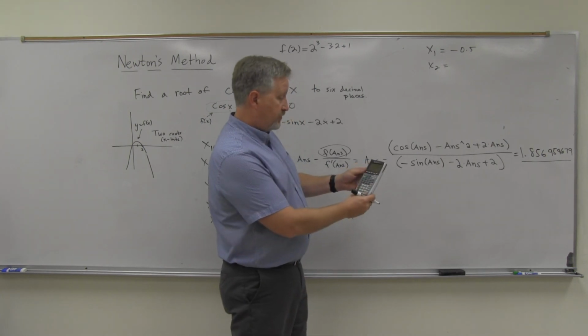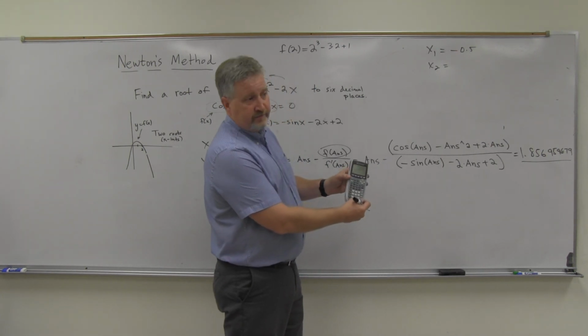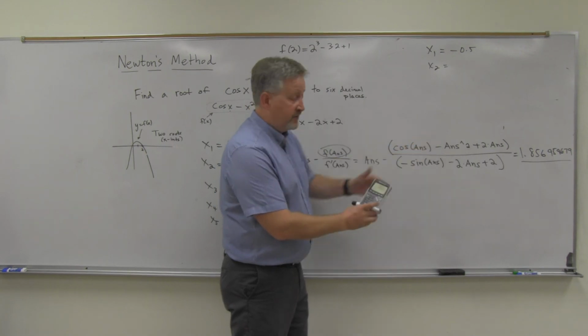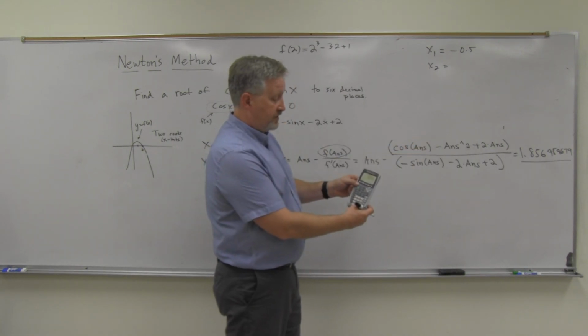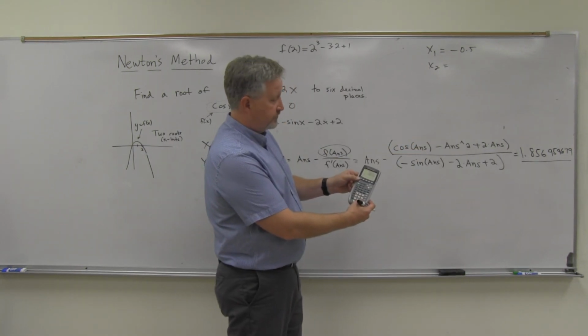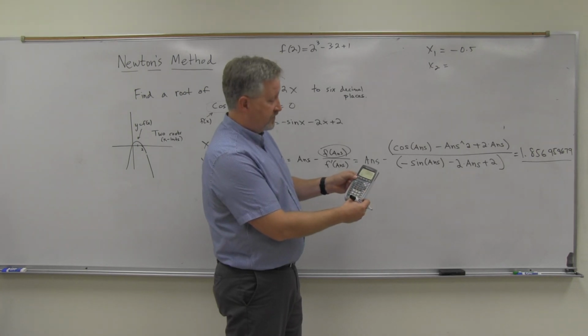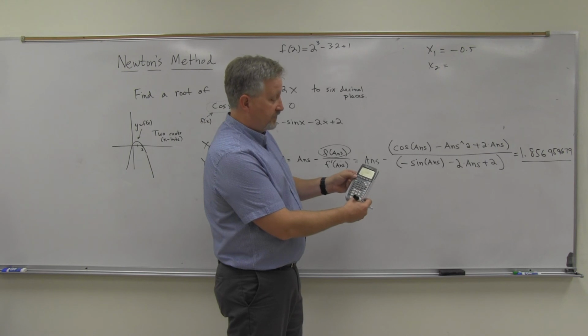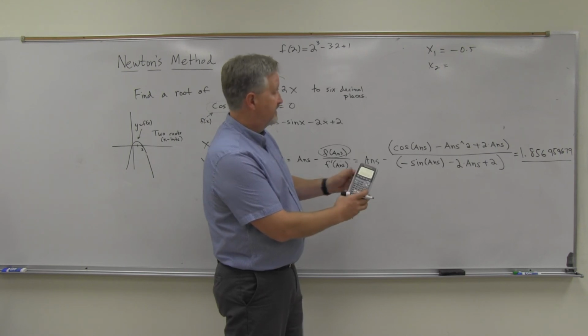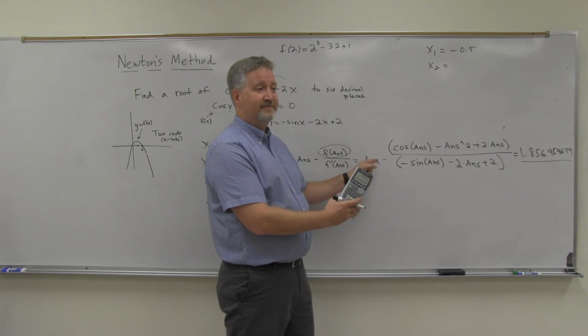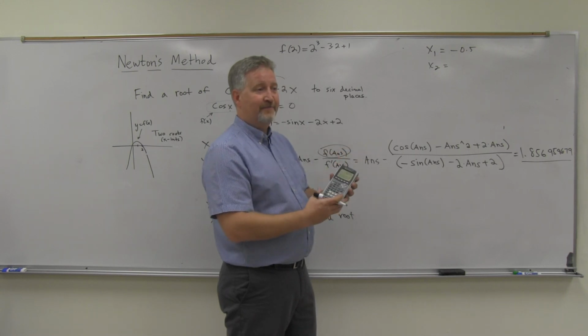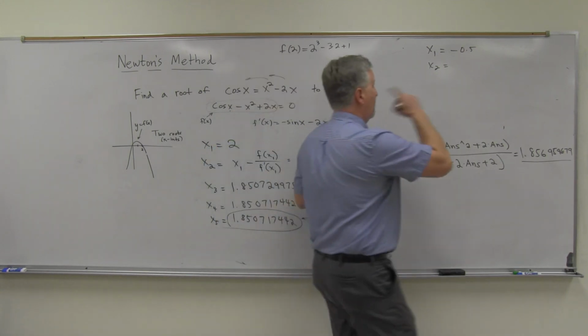So if you go to the entry, you don't have to do it this way. I mean, you can enter it all again. But if you go to the entry button, second, and then enter, it gets you the entry. Well, the first one comes up as the negative 0.5, but if you hit second entry again, it'll bring this right back up. And so it kind of resets it.